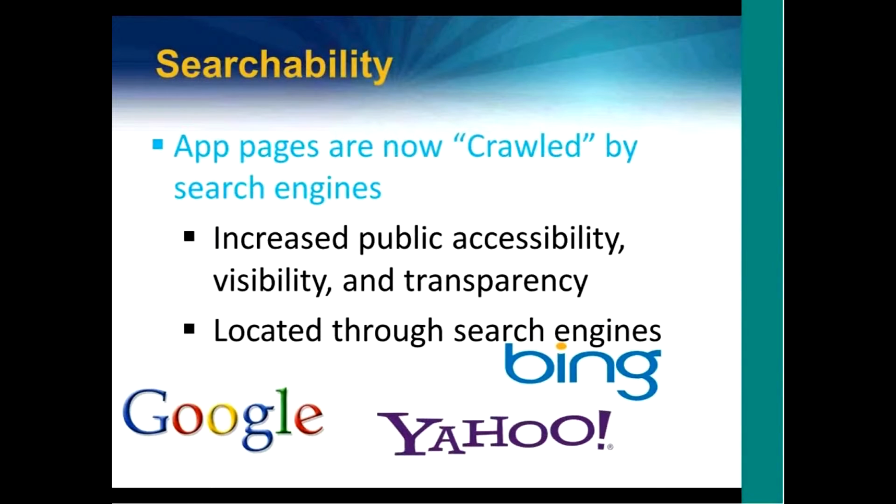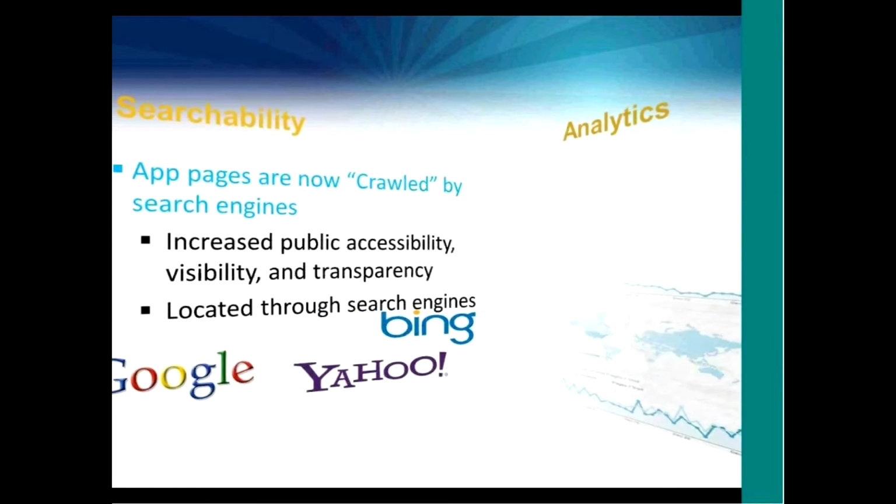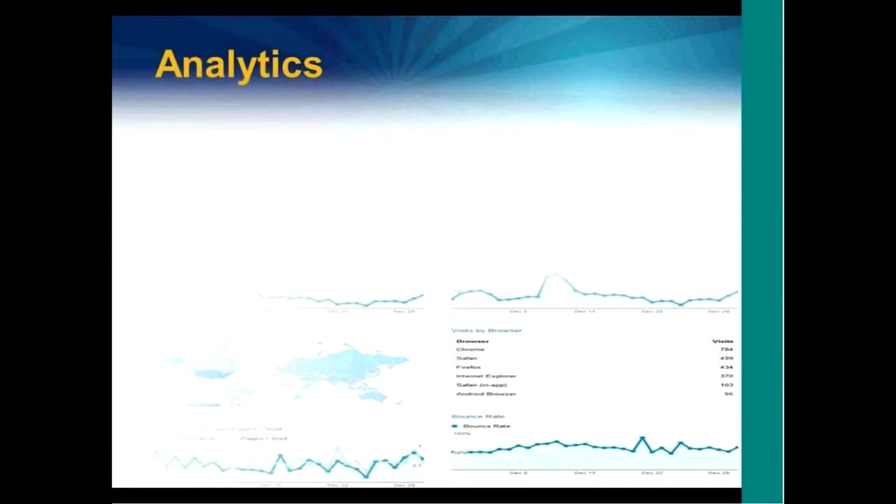All of the apps displayed within the gallery are now crawled by search engines, which increases public accessibility. You can go through any search engine. If you are looking for a California Department of Food and Ag app, say the scales or farmers markets, you can now Google farmers market, and it should be able to pull it up.